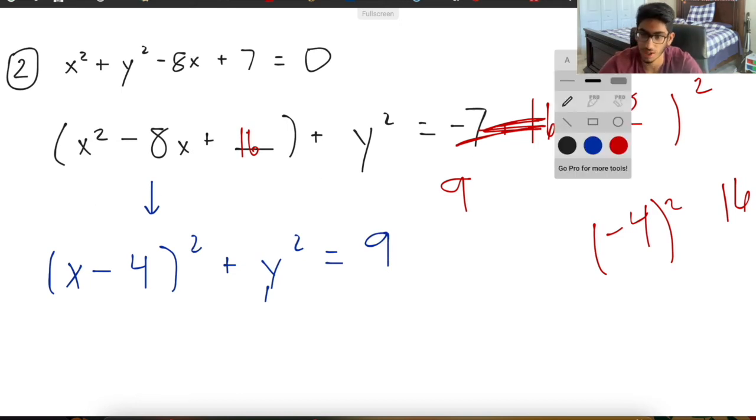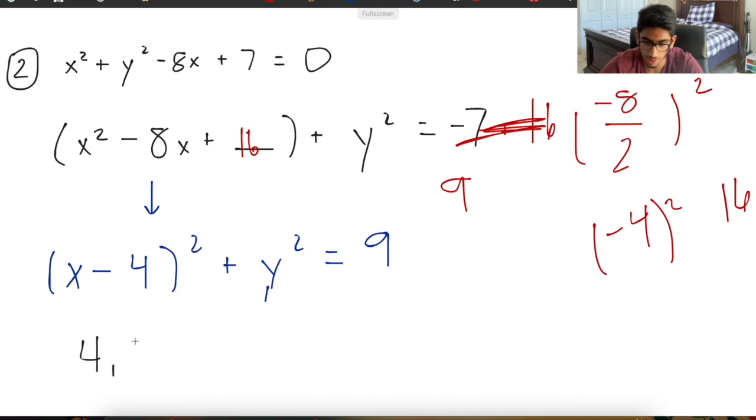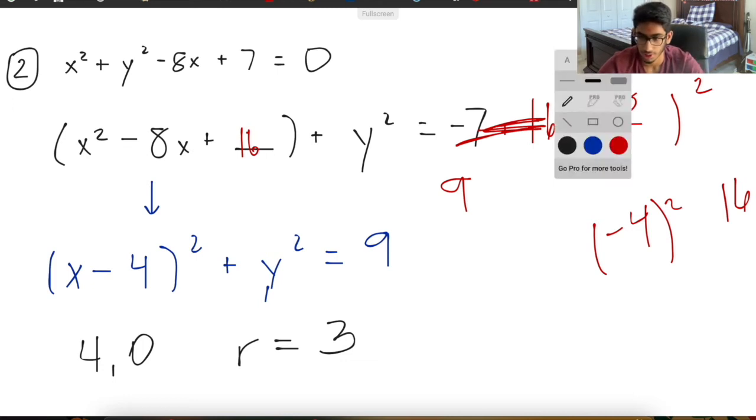And if it's said to find the center, all we have to do is flip the sign. So our h would be 4 and our k would be 0, because there's nothing here for our k term. And if it said radius, it would be 3. Okay, we can do one more example problem.